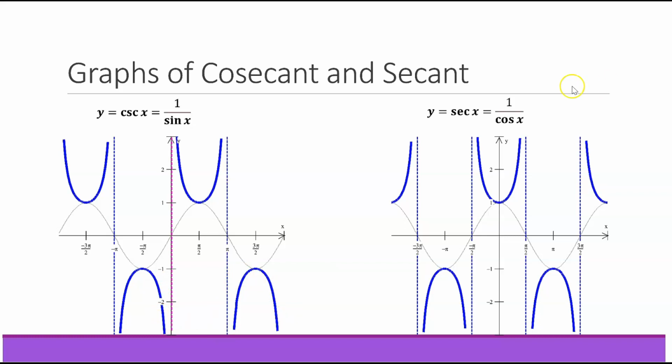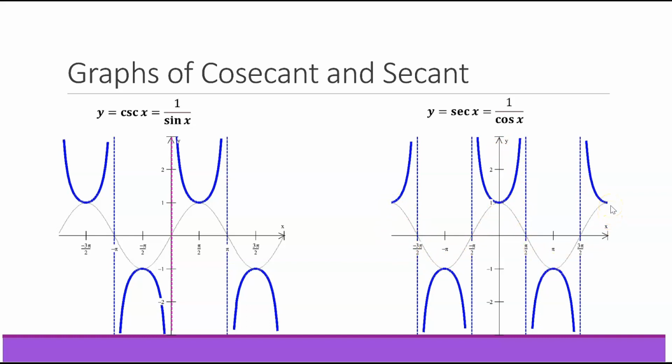Similarly, to graph secant x, we have to remember that secant is 1 over cosine x, that's its reciprocal. So for the same reason, anywhere the cosine function is equal to 0, or is on the x-axis, there will be a vertical asymptote along the graph of secant x. Here, this lighter colored graph is the graph of cosine. That's not part of the graph of secant.